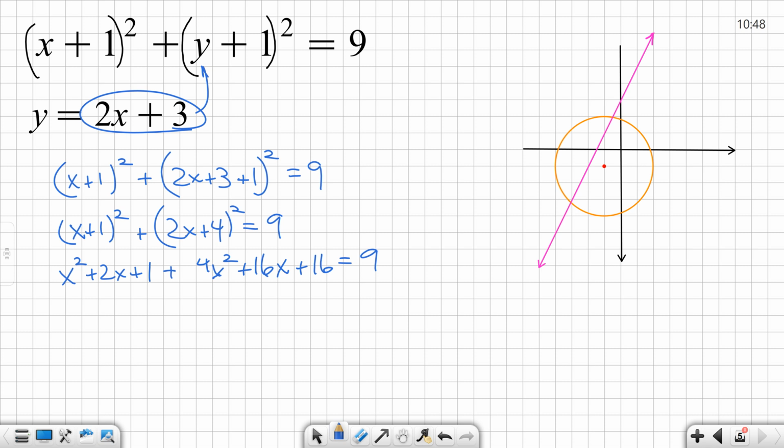Now what? Add it all, combine like terms. Turn it into something pretty.